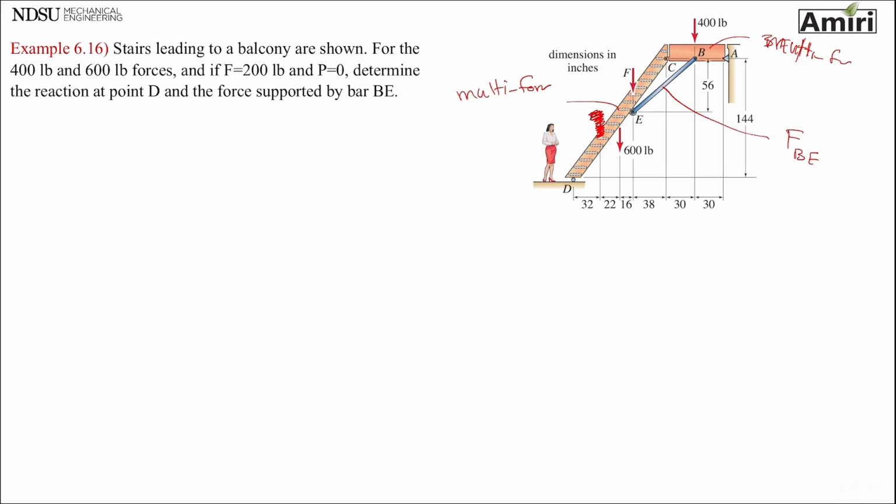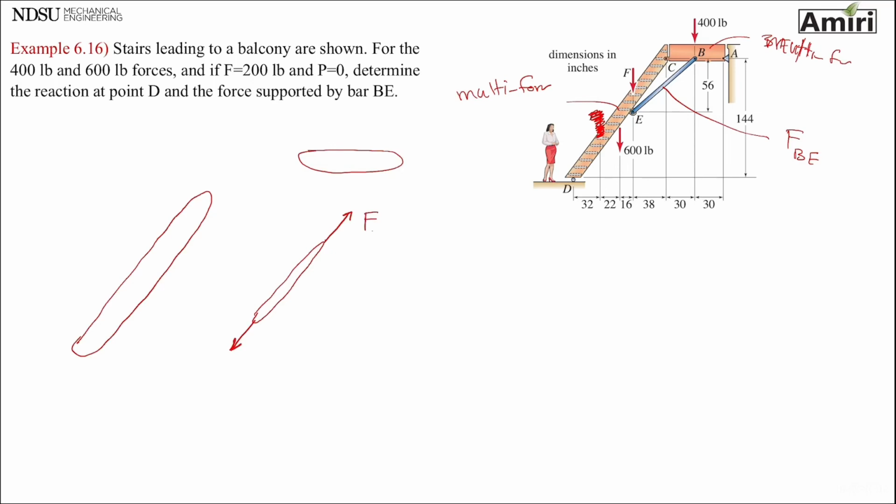Let's see. Free body diagram. This is member DC. I have another one right there, and I have a 2-force member right there. Okay. Let's just start with the easy one, which is a 2-force member, because the forces are either in tension or compression.